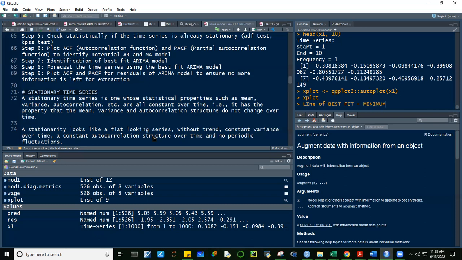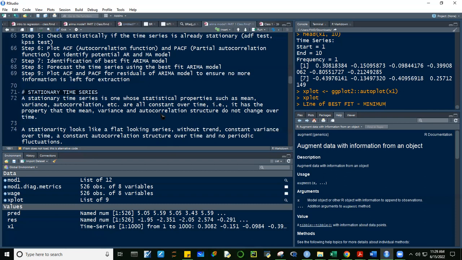So if you're, for example, dealing with sales or stock prices, and you need to transform the data because the data has both trend and seasonality or non-constant variance, then what we can do is first get the log of that data and then get the difference. Of course, you can also get the difference first and then get the log.